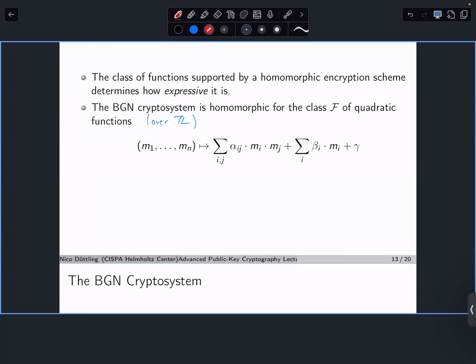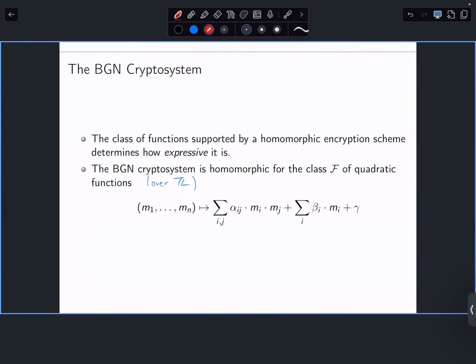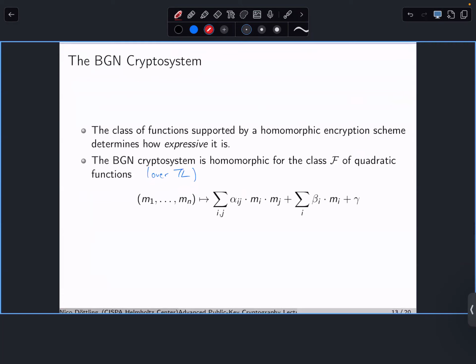And at first, it doesn't seem like much, having the ability to evaluate quadratic polynomials instead of just linear polynomials, but this crypto system here led to, well, yet another revolution in crypto, namely one that concerns proof systems, right?